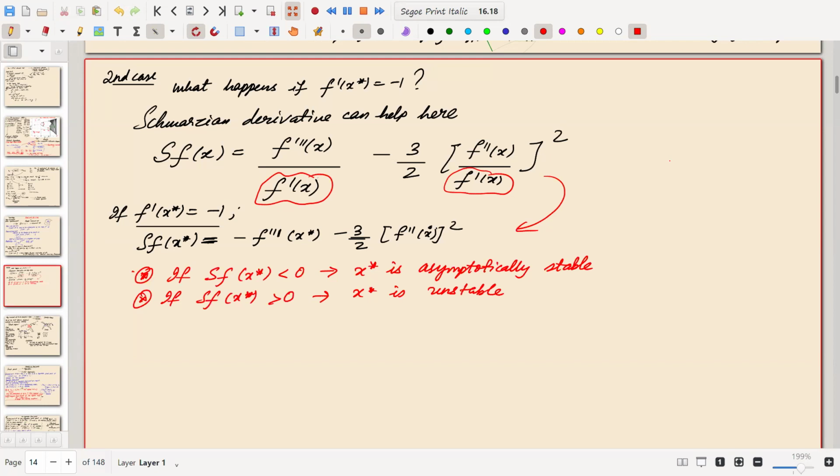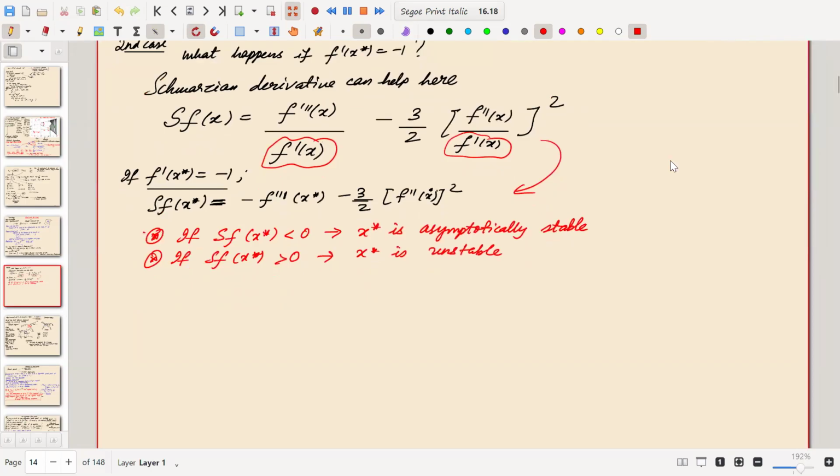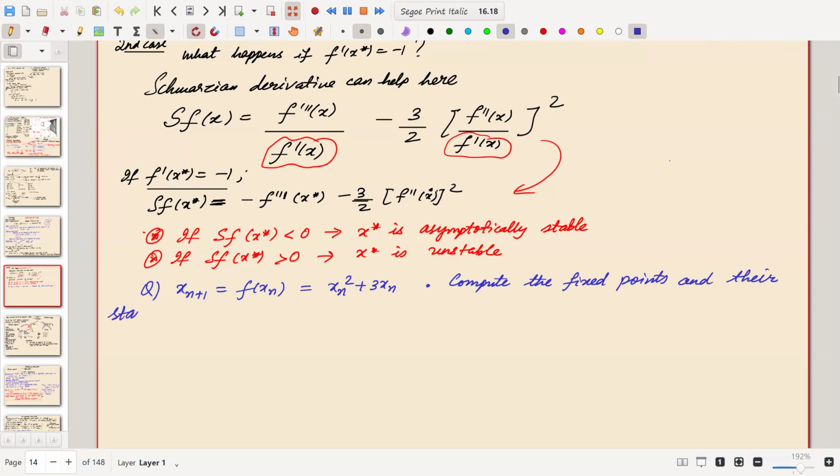Let us take an example. Consider the 1D map x n plus 1 equals f of x n, which is x n square plus 3 x n. The question is to compute the fixed points and their stability.